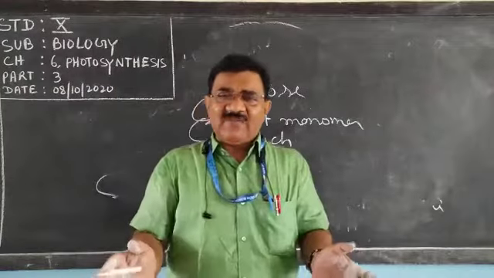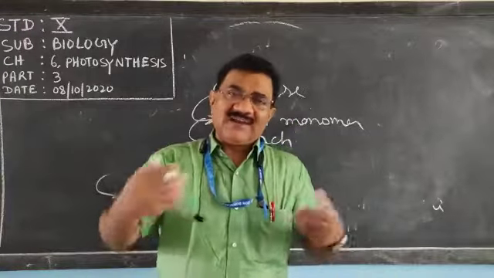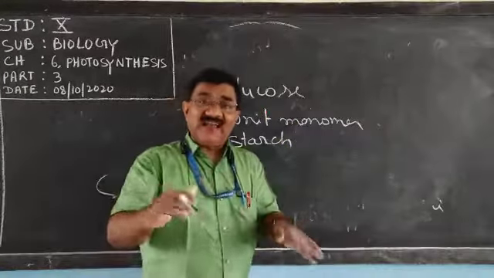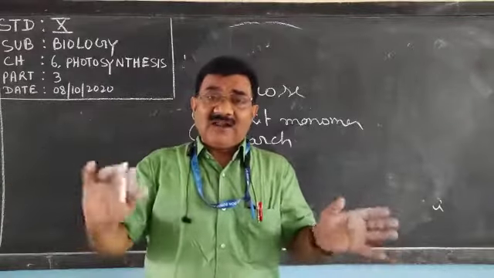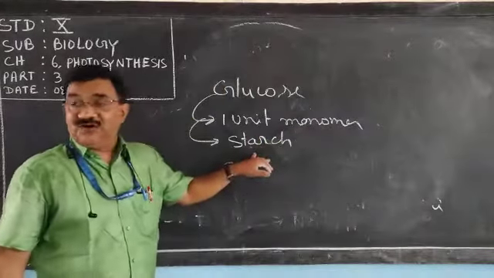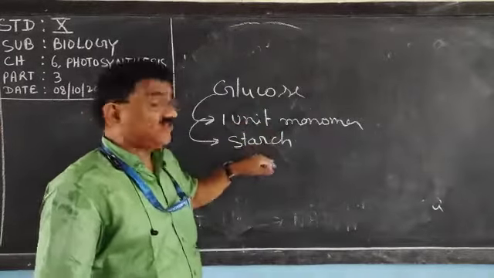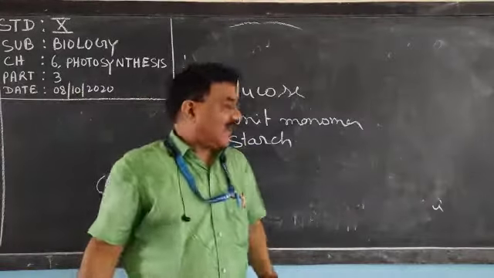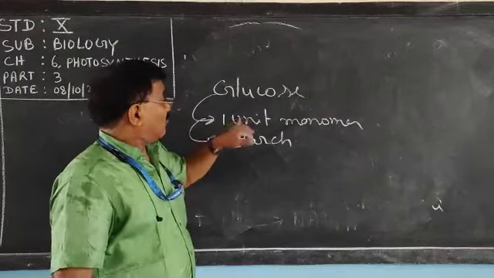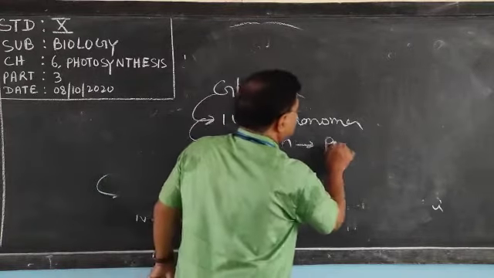Because during night time, what do you think? The plant will not eat, will not get energy. If it is rainy season, then no light is there, so will the plant die? No, this stored form of food in the form of starch will be used for the survival of the plant. Glucose is a monomer and starch is a polymer.